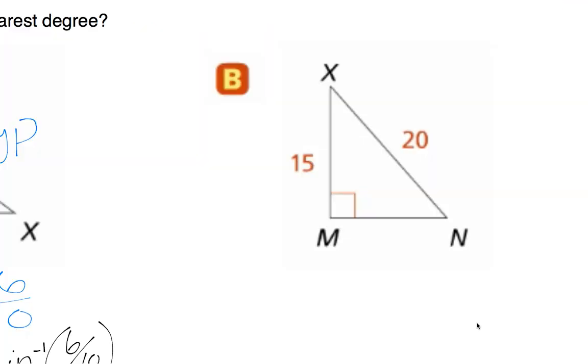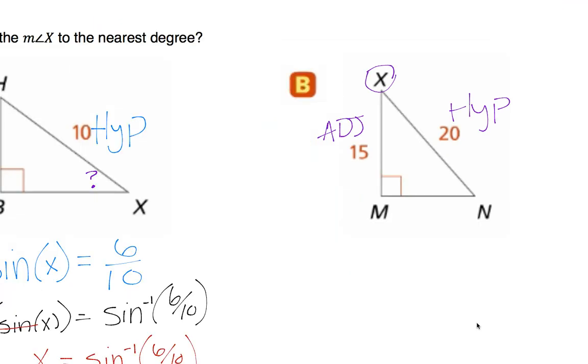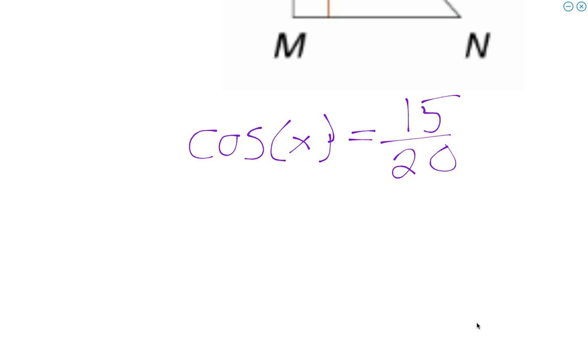Let's try it over here. From x, we have adjacent and hypotenuse. So that's going to be cosine of x equals 15 over 20. And you guys will all skip steps whenever you're ready.